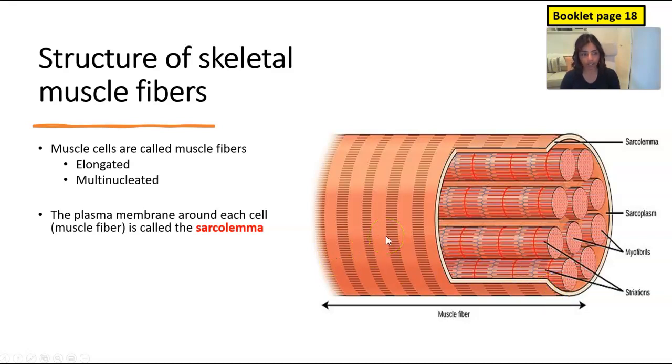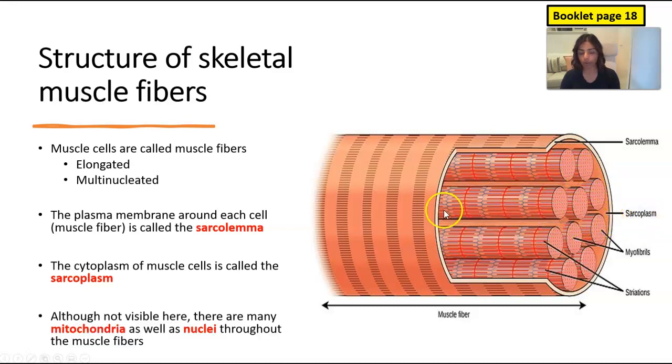So that's a key word that you need to know. So the cell membrane in a skeletal muscle cell is the sarcolemma. The cytoplasm, therefore, where each of these myofibrils are found, is the sarcoplasm. Now, although we haven't mentioned them, we need to know that for muscles to move, that requires energy.